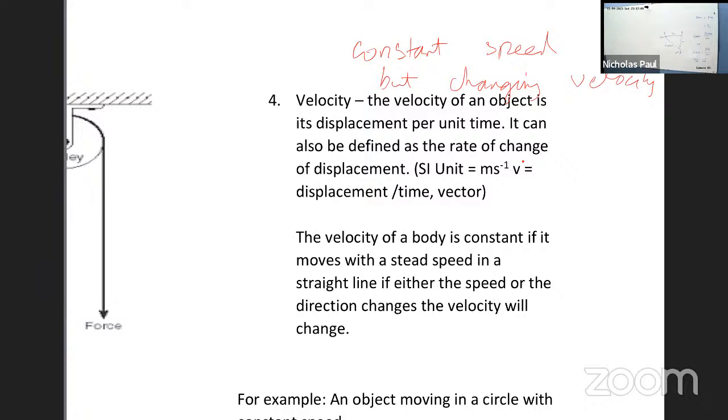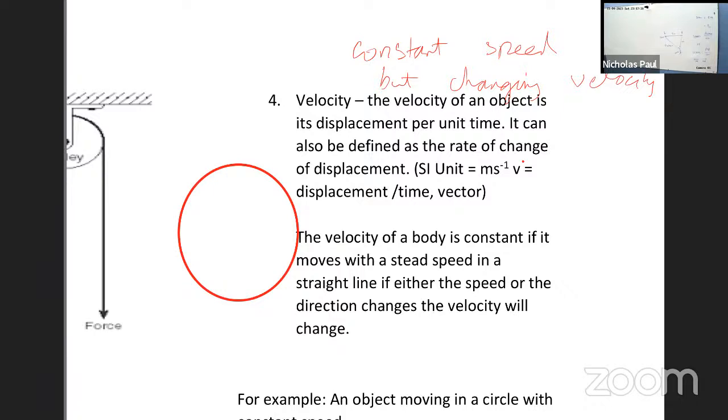You want to guess? Change in direction. And a perfect example is a circle. If you had an object moving in a circle, you'll recognize same speed, same distance with time.